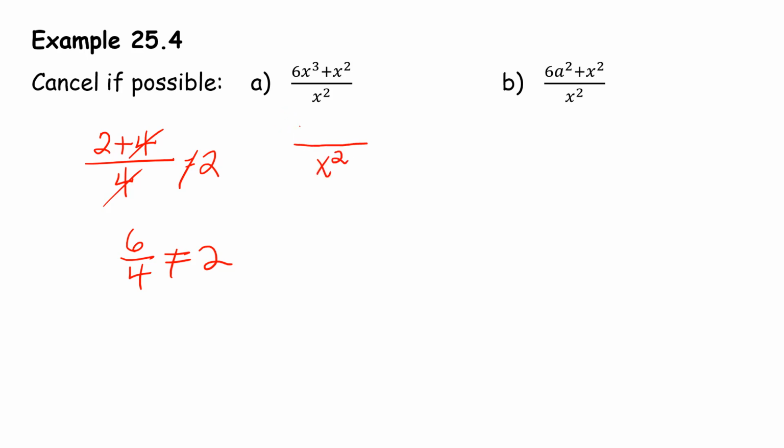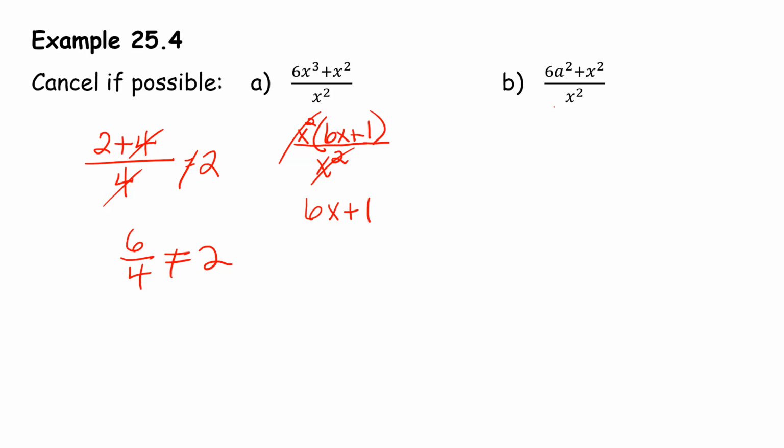The numerator, I'm going to factor out that x squared. So x squared times 6x is what we're left with, plus 1. Now we can cancel the x squared term and end up with 6x plus 1. But the thing we cancel has to be a factor.